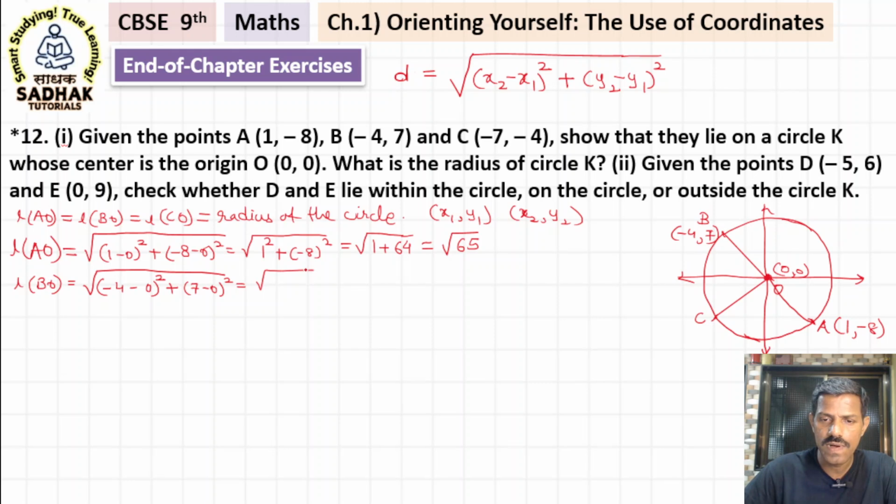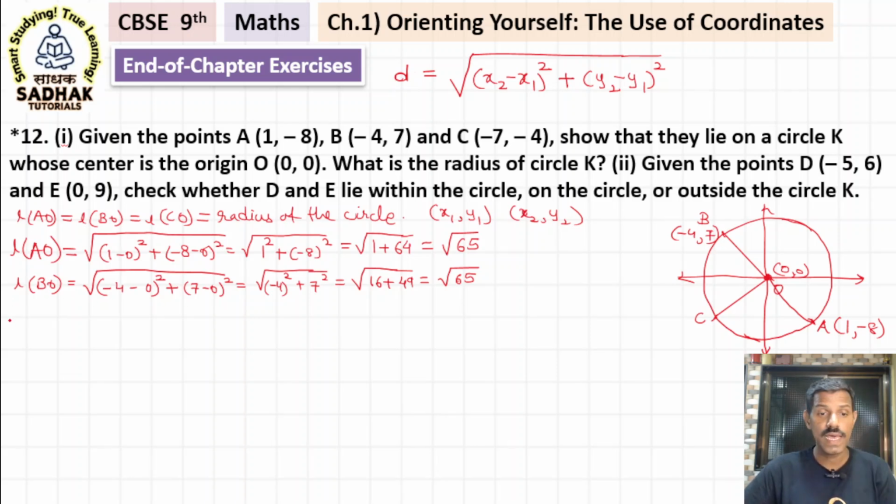That will give us (-4) square plus 7 square. So (-4) square is 16 plus 7 square is 49. When we add them up, we will get 65. So again this is the same, it is square root of 65.